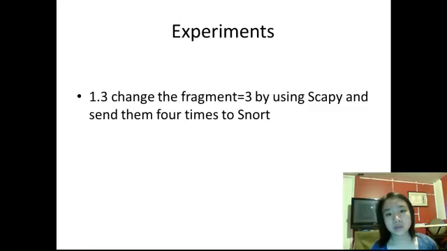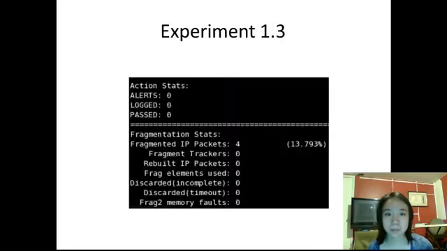Now we change the fragment times equal to 3 by using Scapy and send them 4 times to Snort. The experiment result is that Snort cannot detect them. We can see that alerts equals 0. It can't be detected by Snort.